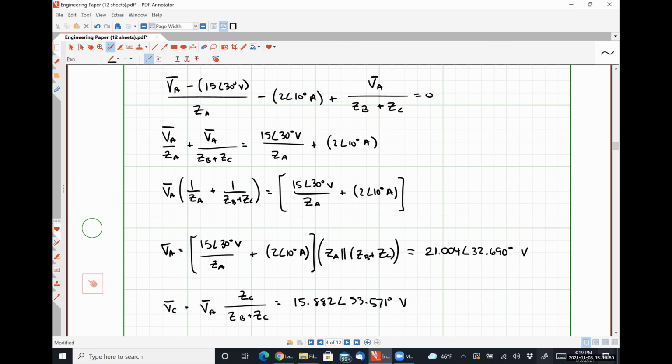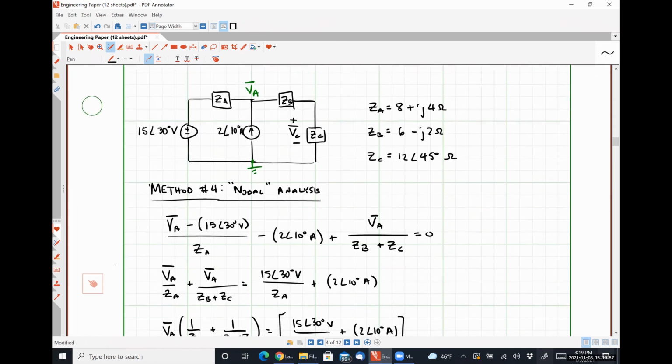So that was me. If I combine those two impedances together into a single impedance, that lets me eliminate that variable. So instead of having a two equation, two unknown system, I combine those impedances together so that my only unknown quantity was VA.